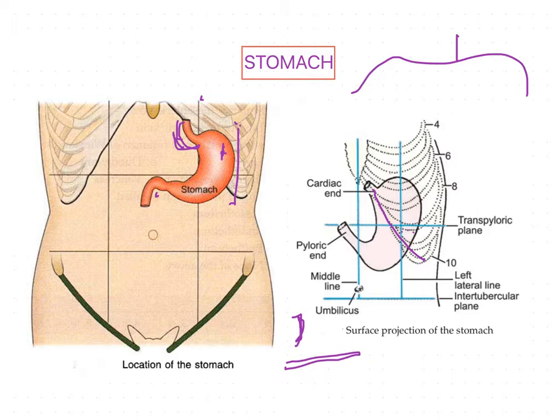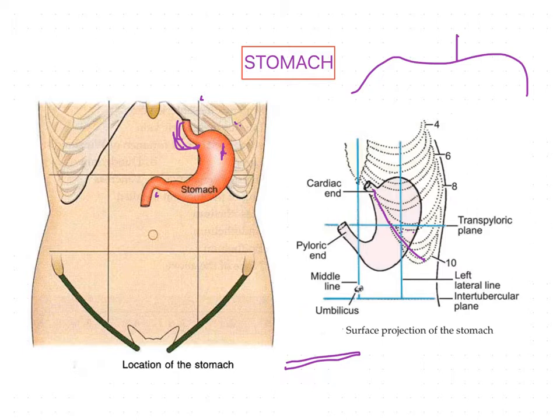Okay, now we will see the external features of the stomach. The stomach has 2 orifices or openings, 2 curvatures or borders, and 2 surfaces.